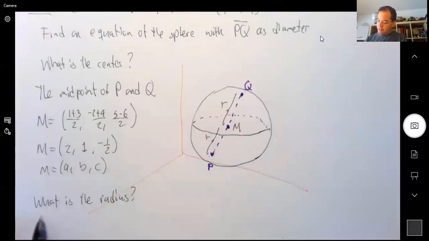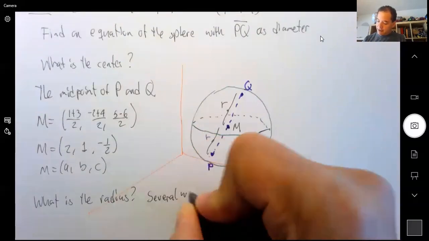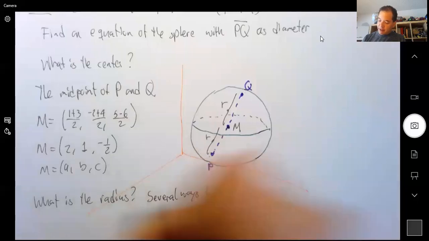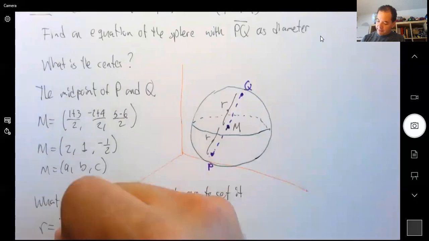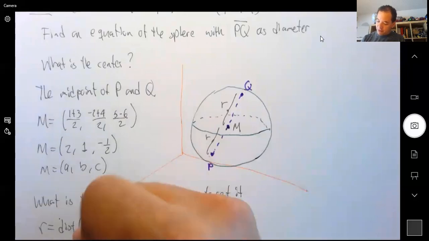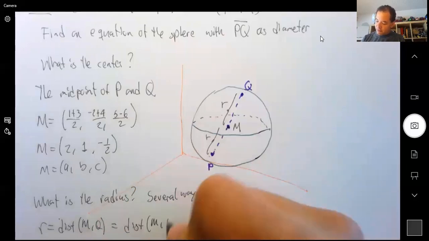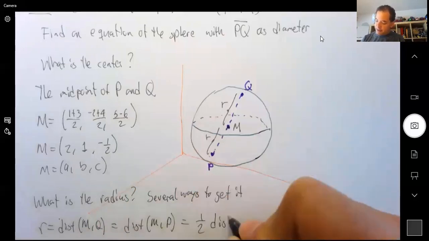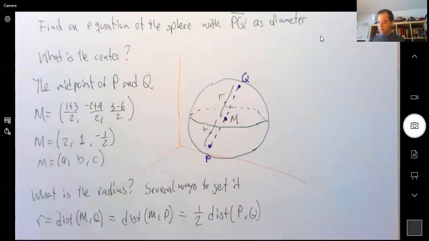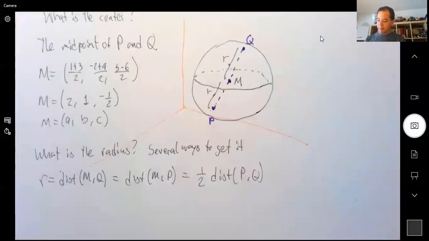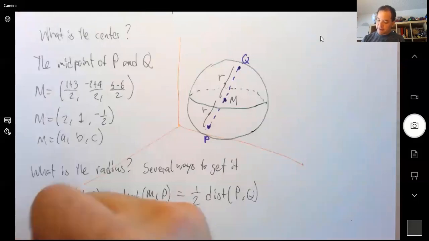So what is the radius? Several ways to get it. R could be the distance from M to Q, or also the distance from M to P, or also half the distance from P to Q. And that's the one I'm gonna do, because I have P and Q available, right? Half the distance from P to Q.